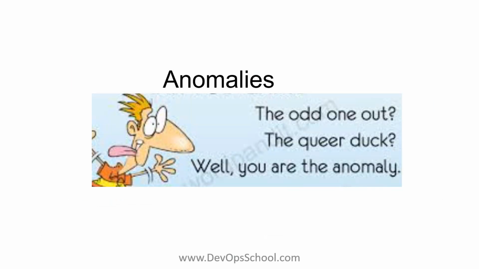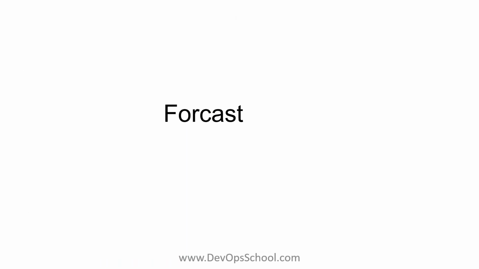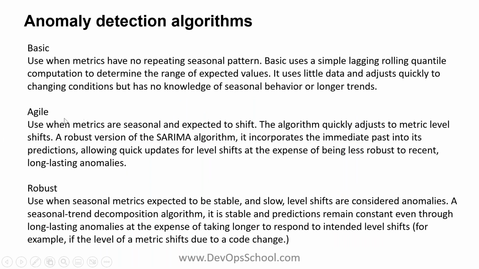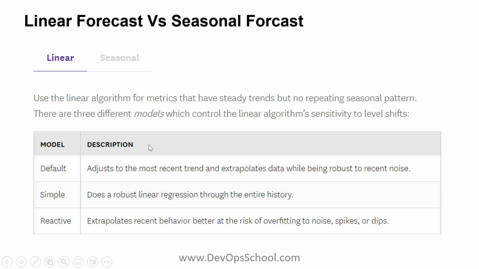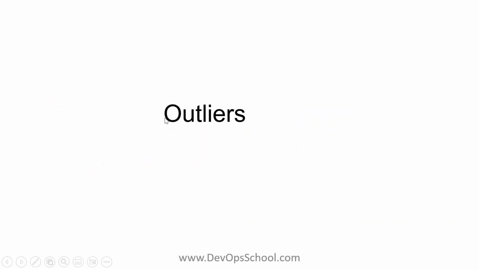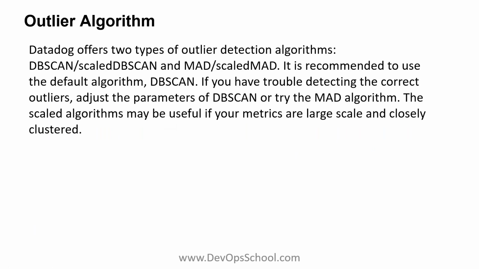Anomalies. What are anomalies? We need to understand. We have to understand forecasting also. These are the anomaly algorithms which you have. These are the algorithms we have for forecasting, linear and seasonal. Outliers, we need to understand what outliers are.